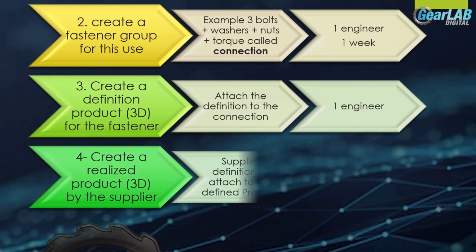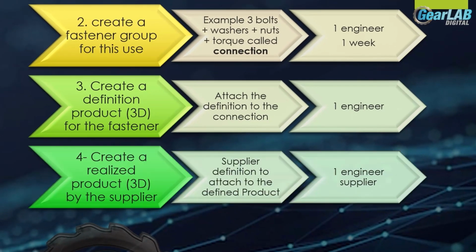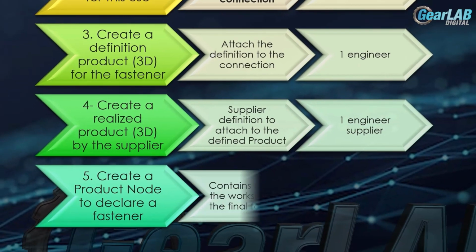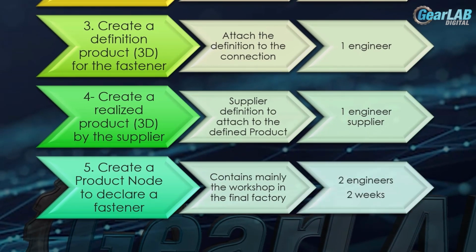Step 4. The fastener supplier will supply another 3D definition, practically the same as the previous, which represents the real fastener. This involves another engineer on the supplier side. Step 5. The car architecture team creates what is called a product node data structure, which will contain the fastener data, mainly the data about which workshop in the final factory will use the fastener.